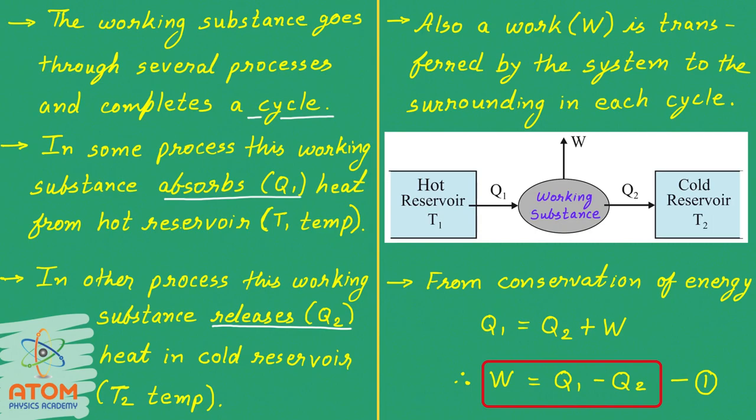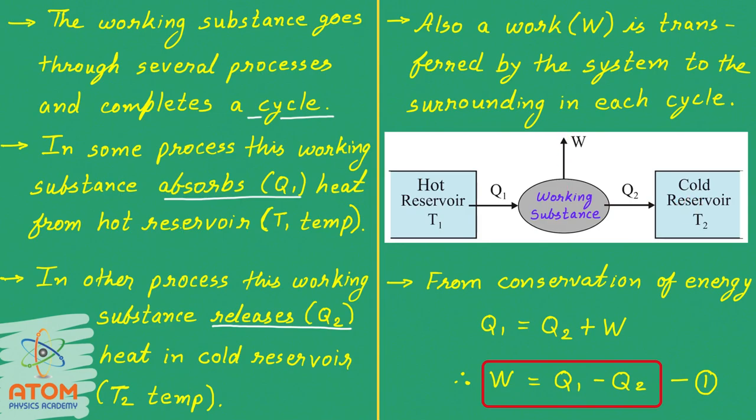Alright. Now, here is a schematic diagram of a heat engine. You can see here the working substance, that means the main system, and here is a hot reservoir at temperature T1, and here is a cold reservoir at temperature T2. Obviously T1 is larger than T2. Now you can see that the working substance absorbs Q1 heat from the hot reservoir and releases Q2 heat into the cold reservoir.